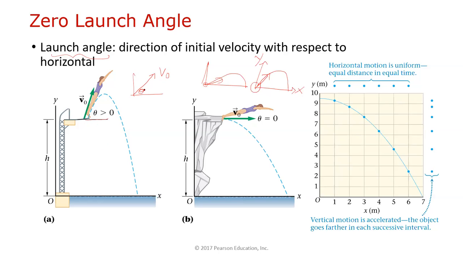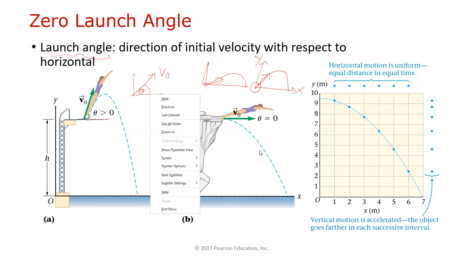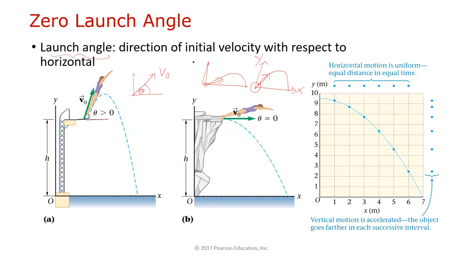We'll take care of that later. So this is your V naught, and in this case theta is 0, because my V naught is parallel with the horizontal direction and does not make any angle. And if I look at this one, my V naught would be this here.